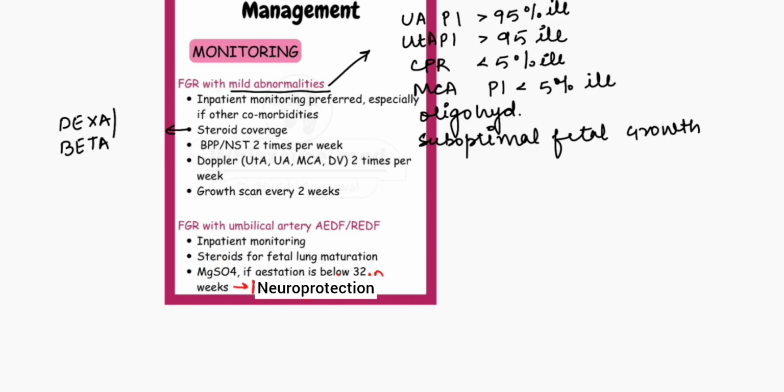We are also going to terminate the pregnancy in this. If the patient has AEDF, we are going to terminate at 32 to 34 weeks. And in cases of REDF, 30 to 32 weeks. And the preferred mode is cesarean section.